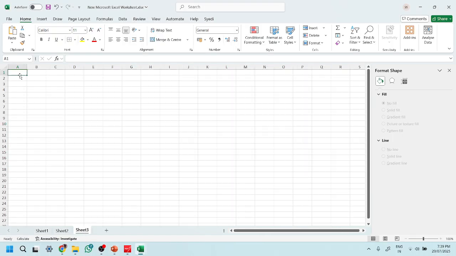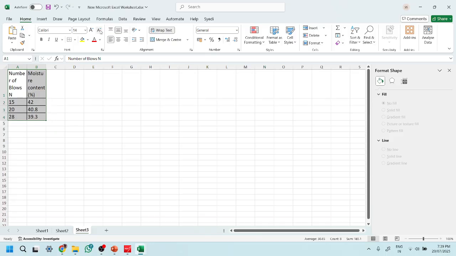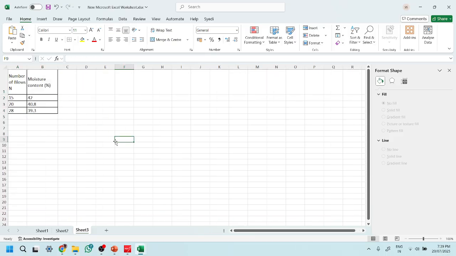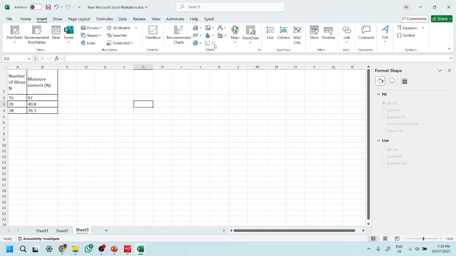So in liquid limit and flow index, what we do is we plot the number of blows against the water content.